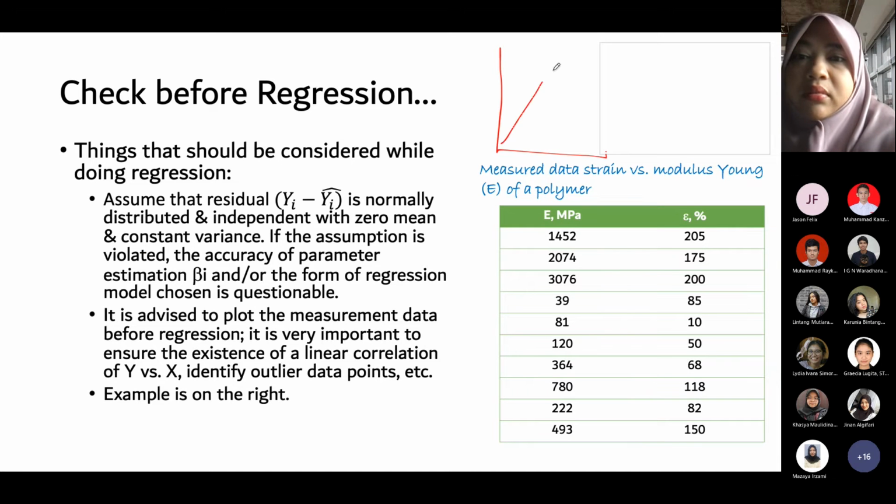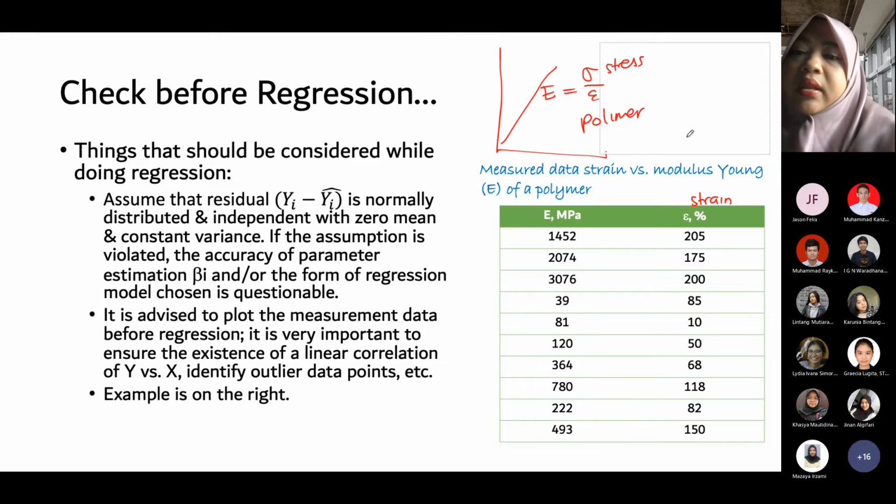This is Young's modulus E, which is equal to sigma, the stress, over the strain. But sometimes in polymers, for different E, the strain will also have a different value.